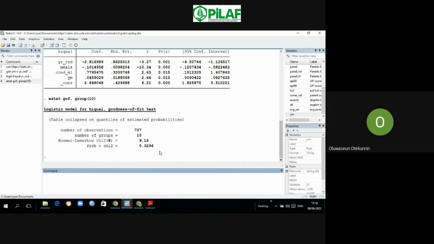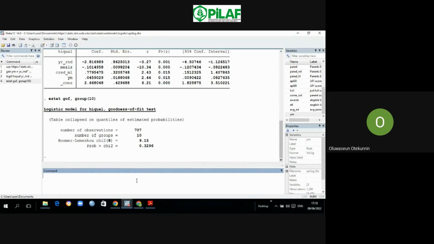So the larger the p-value, the better the fit. Now that we have a large p-value from this Hosmer-Lemeshow test, we conclude that the model has a good fit.